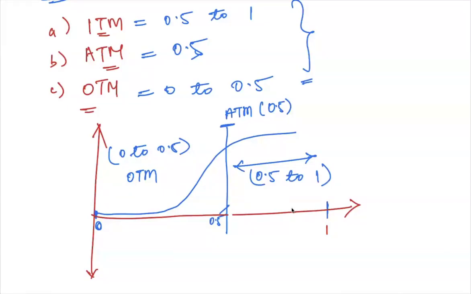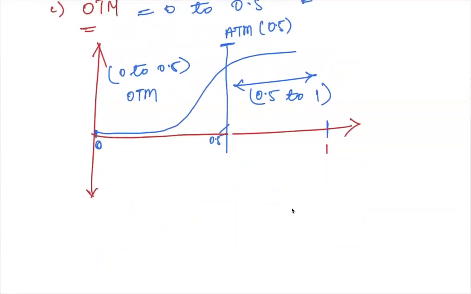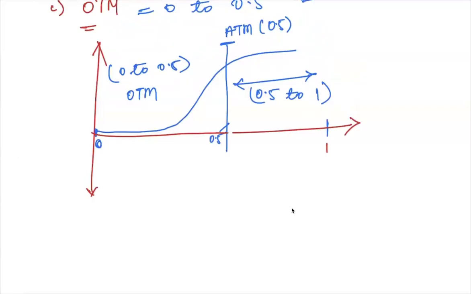I understand giving an example would be better, but before that, let's understand this in greater detail. Can you all tell me, when I say delta is 0.2, what does this mean?